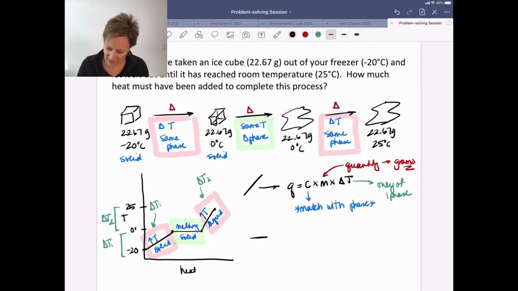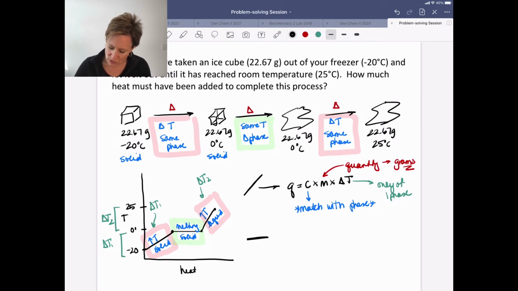Well, what if I have a flat line? A flat line represents that I am changing the phase but keeping the temperature the same. So this is a phase change. I'm doing one of two kinds of phase changes. I'm either transitioning between melting and freezing, depending on whether I'm adding or removing heat, or I'm transitioning between boiling and condensing, again depending on whether I'm adding or removing heat. So what do I use for this?